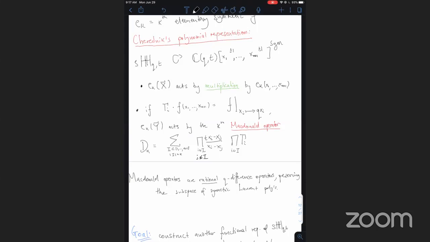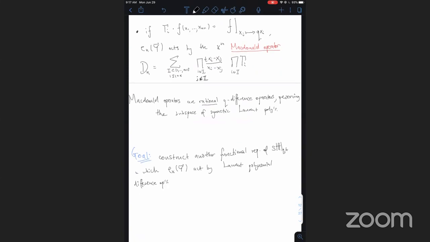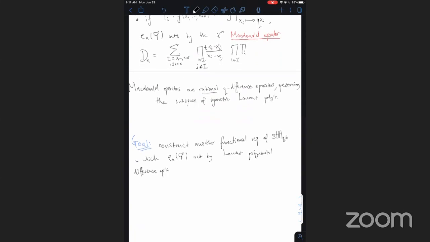Okay, so the goal for what I want to explain in the rest of the talk is to construct an alternative functional realization of this spherical double affine Hecke algebra, on which the generators of DAHA, which in the original functional representation act by the Macdonald operators, are going to act by some Laurent polynomial difference operators. So difference operators no longer having denominators of the form we see in this expression for d sub k.